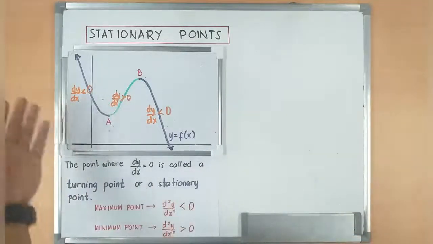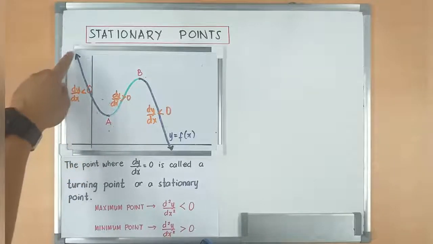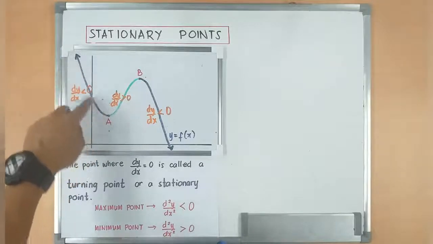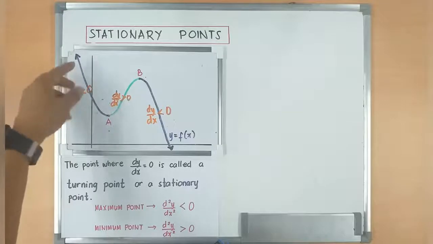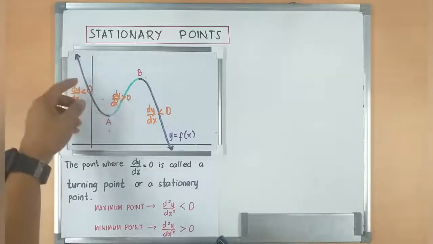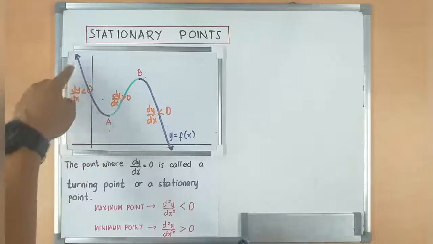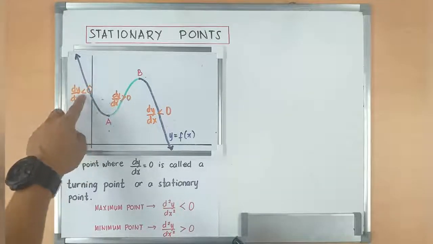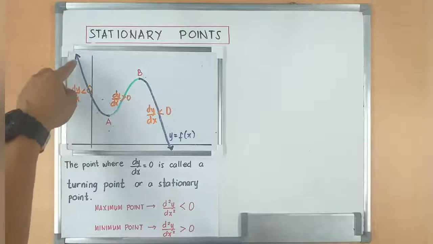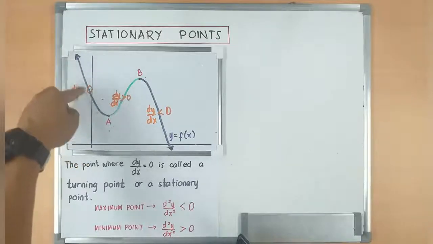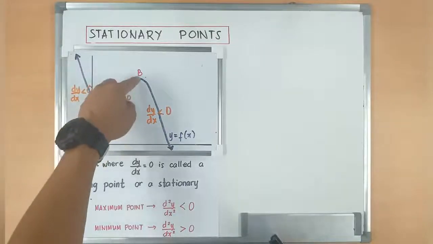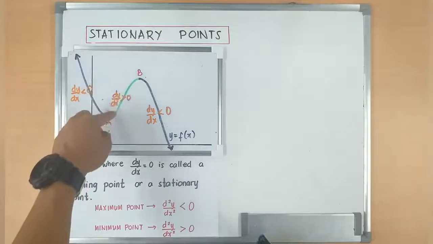Oh, by the way, just to explain to you, if you have this one, you notice I colored it with different colors. This part, it's less than 0, so it means the gradient of this is negative. This part, the gradient is positive.